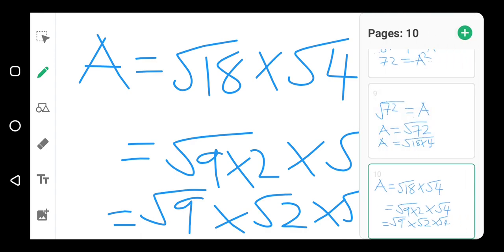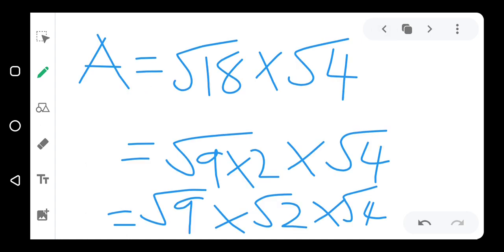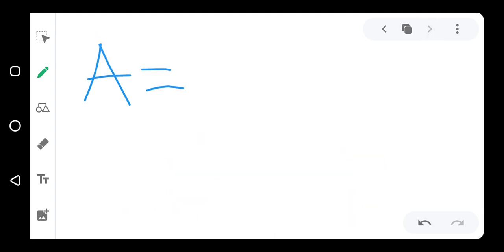Now what this is going to give us is that a is equal to root 9, which is 3, times root 2. 2 is not a perfect square, so we write it as root 2.